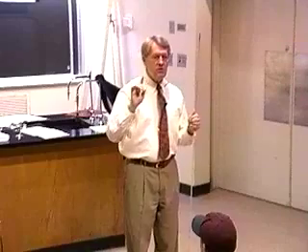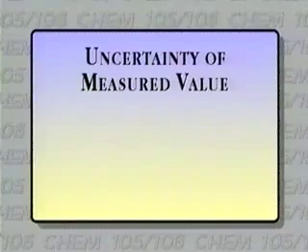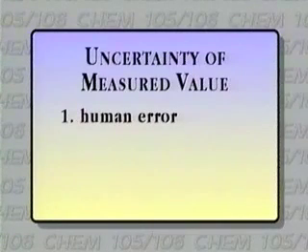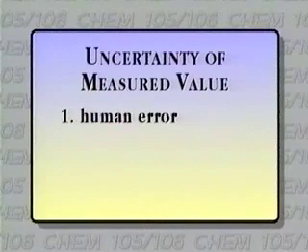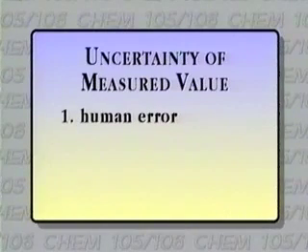What causes this uncertainty in the measured quantity? Well, there are several things. Number one, human error. If we typically read looking down or up at a measuring device, we may read an error. Some of us have a tendency to always read on the high side of a measuring device, and some would tend to always read on the low side, so we've built in again a human error.